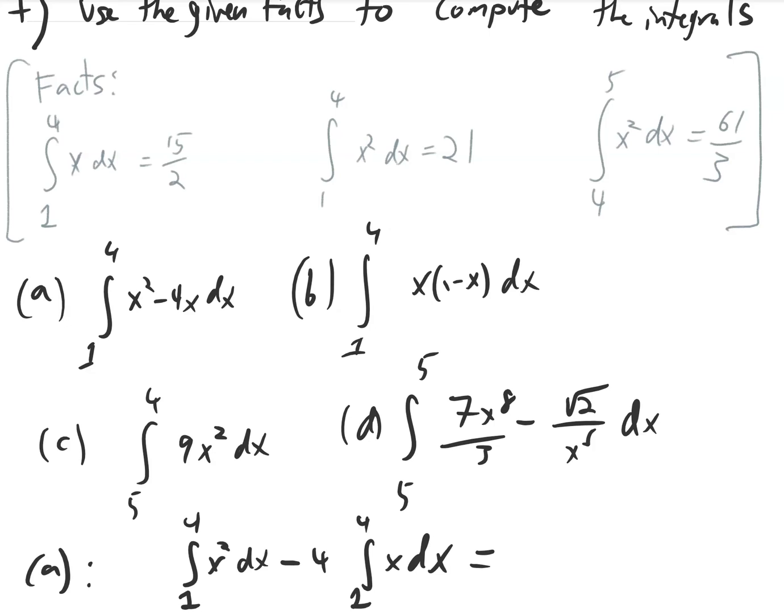So this is by linearity of integration, the properties of integration, that you can pull out constants and that it splits up over sums and differences just how you would like it to. All right, now I go to the given information on this. We're told what this quantity is, that this quantity is 15 over 2.